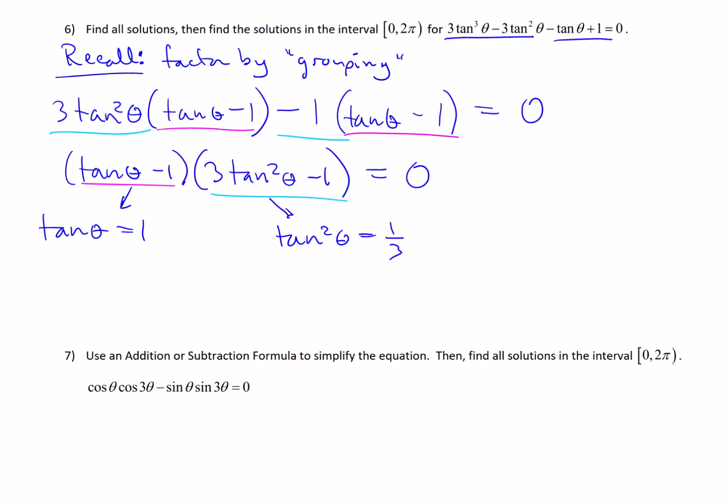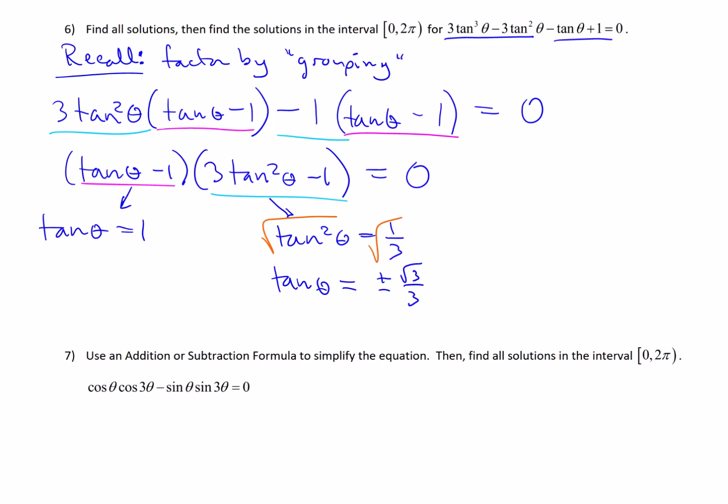And then, of course, if you take the square root of both sides of that second equation, we'll end up with tangent theta equals plus or minus root 3 over 3, if we're going to rationalize and make it look familiar to us for the unit circle.